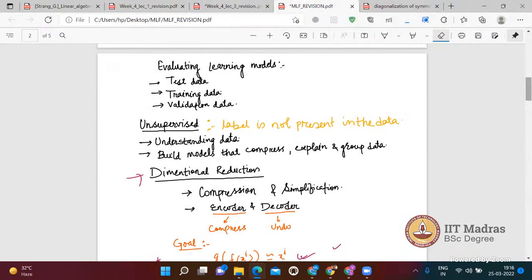Many times what happens is we have built a model based on the training data set. And the validation can be helpful because there are many parameters we generally use in models.